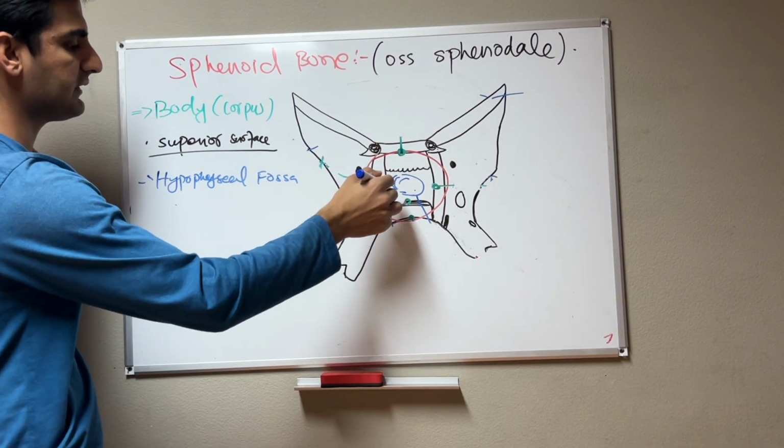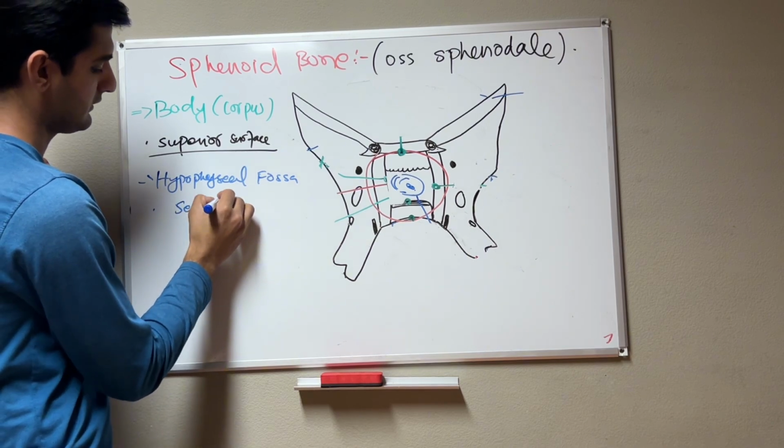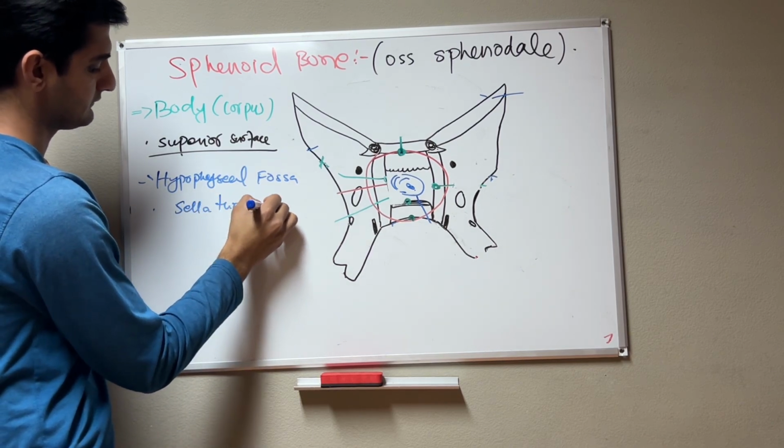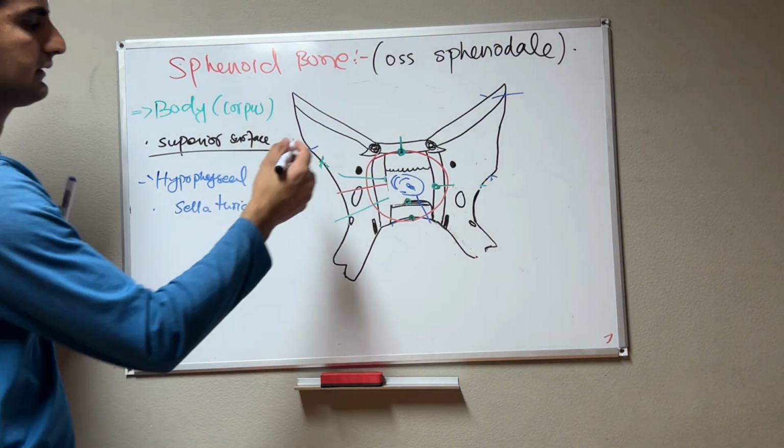Inside the hypophyseal fossa we have the sella turcica.